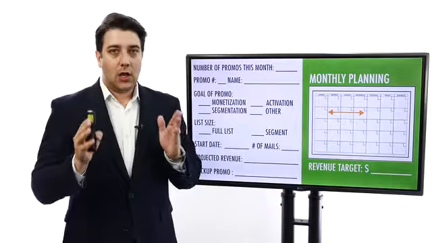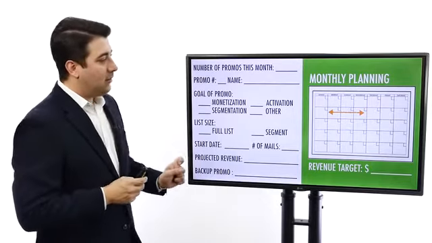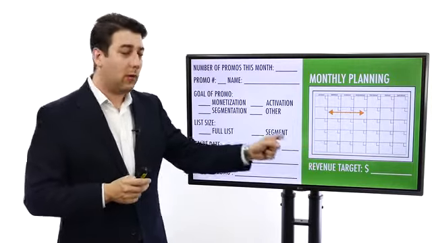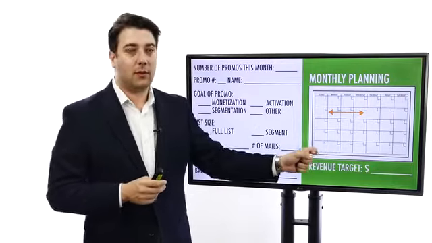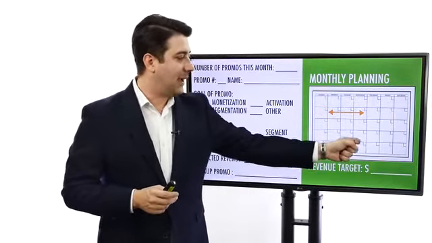Have a backup promotion, something that you believe will either hit the revenue target or will allow you to hit a different target to rebound later in the month. So if this campaign's not working, I have a monetization campaign here.